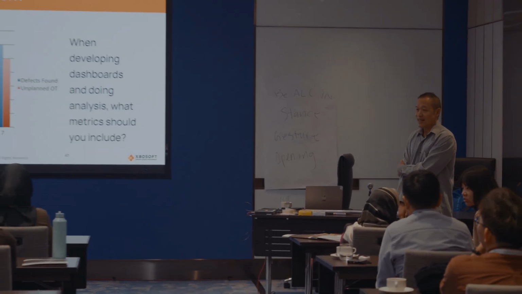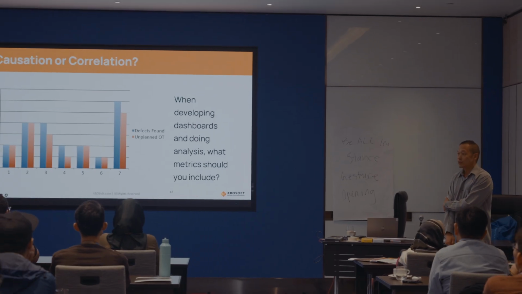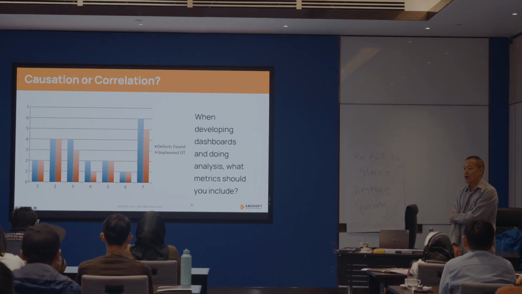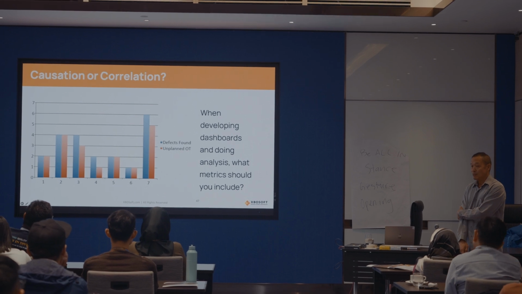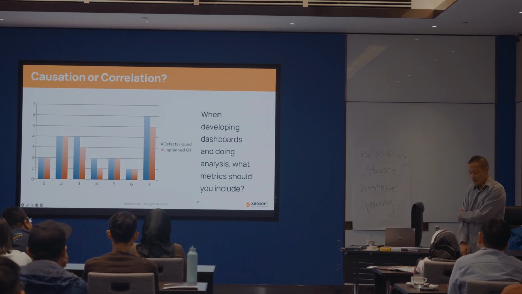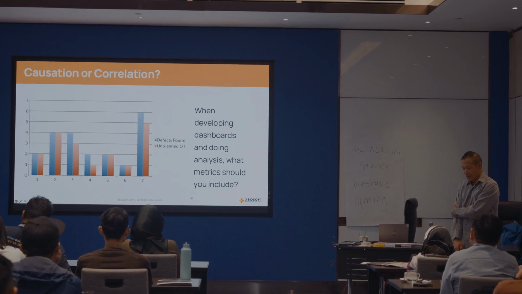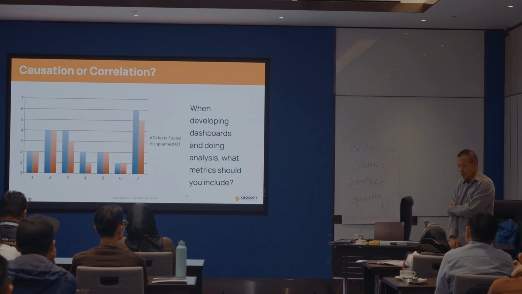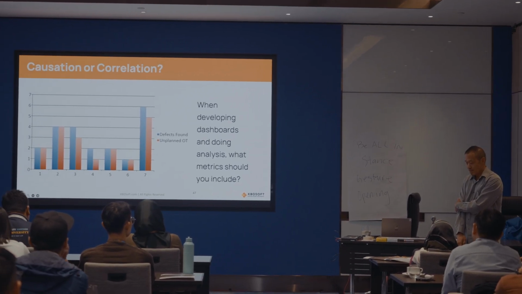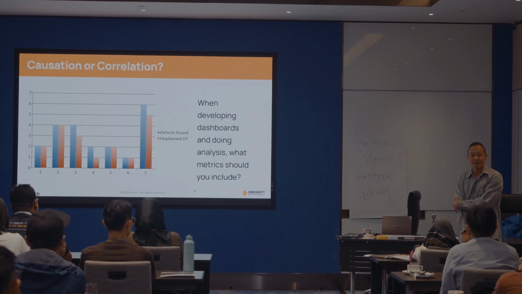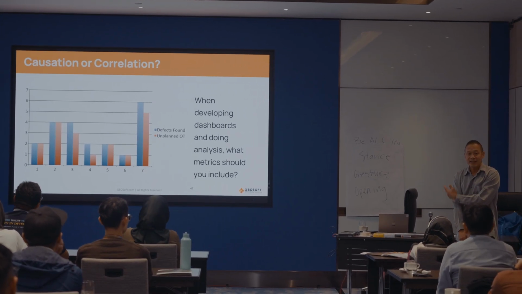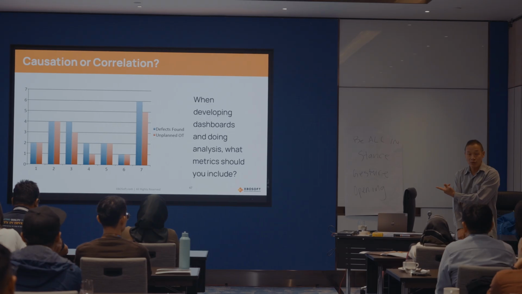So a lot of times it's helpful to do a correlation or do a cause and effect. So remember we had the upstream metrics and the downstream metrics. So an upstream metric, what would be upstream from defects? We had just one a minute ago, which was overtime.